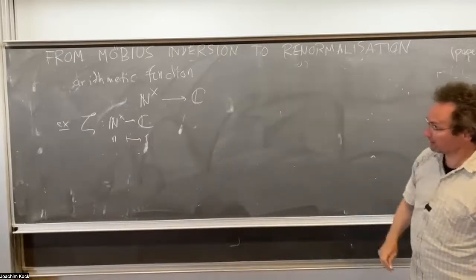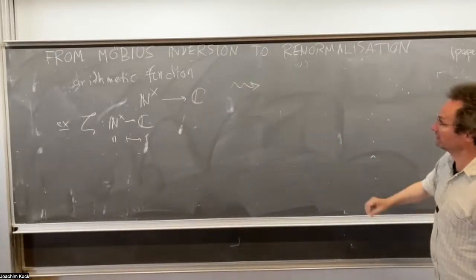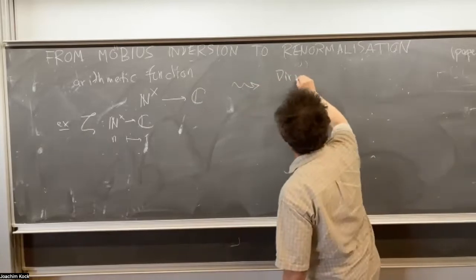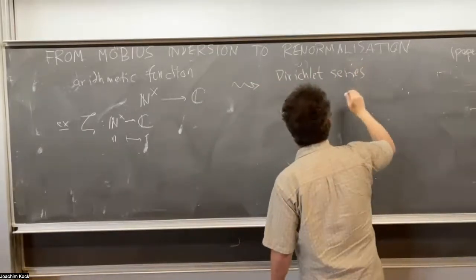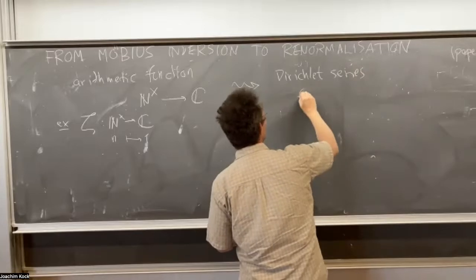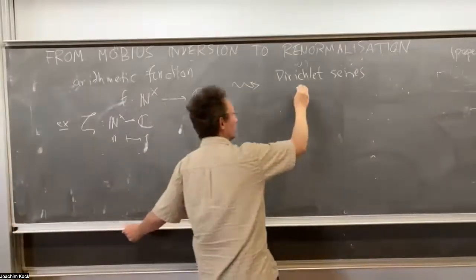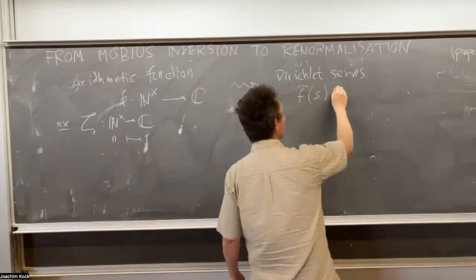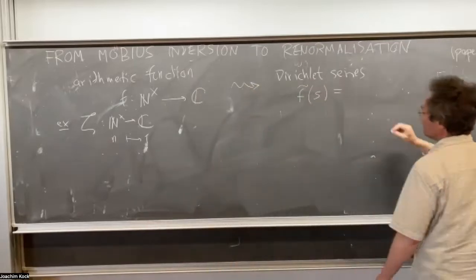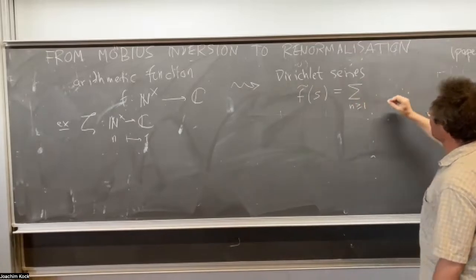Whenever you have an arithmetic function, you can assign to it its Dirichlet series. I call this one f, and I call it f tilde. It's supposed to be a function on an open domain in the complex plane, and you sum over the strictly positive numbers.